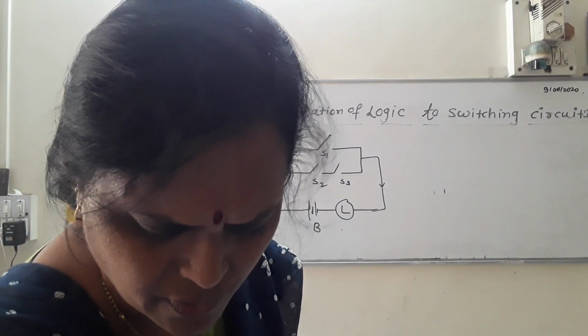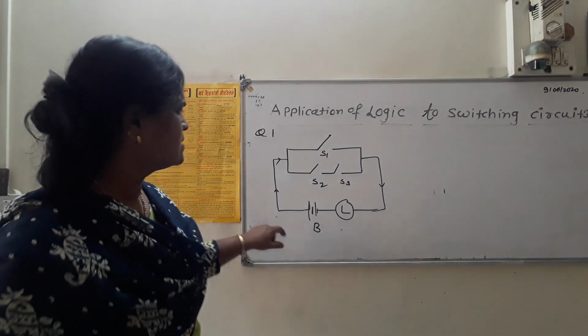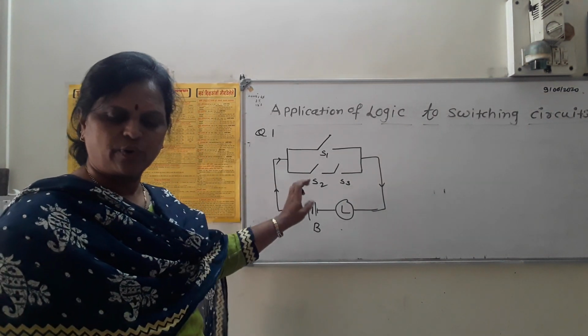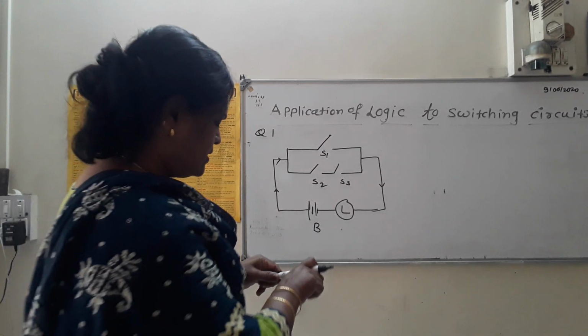Now we have to write the symbolic form. Here the circuit is given. We have to write the symbolic form.